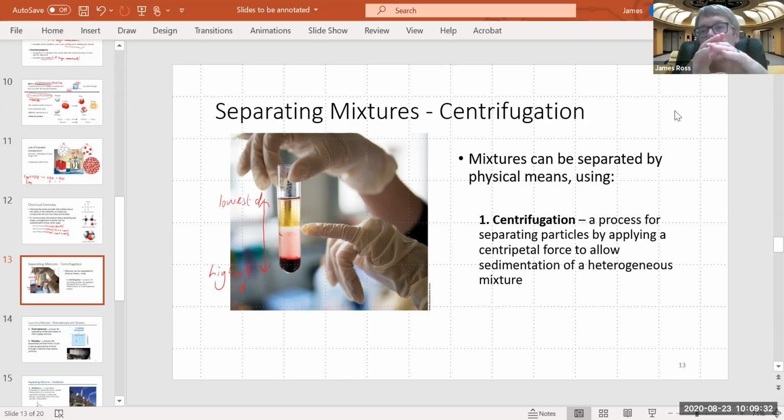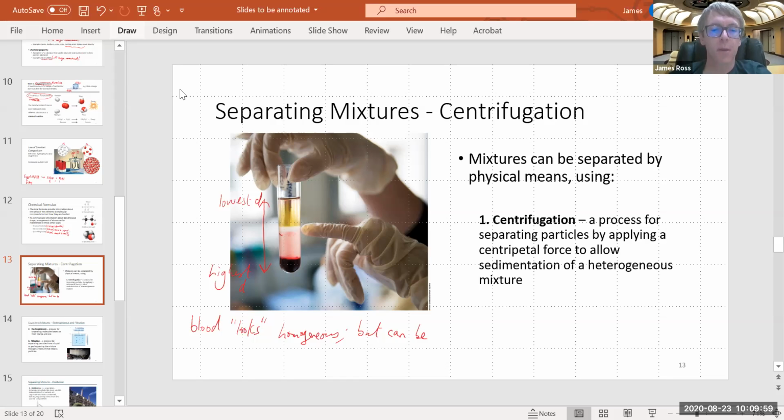blood typically looks homogeneous, right? Blood looks homogeneous, but can be separated into layers.